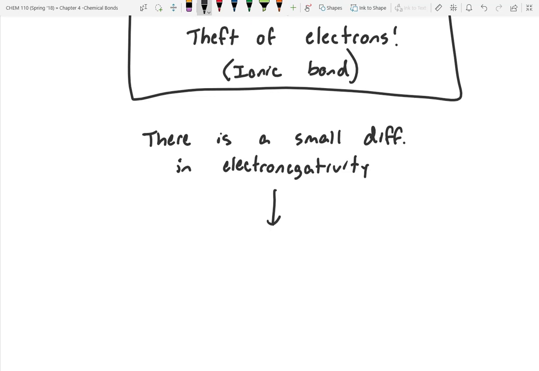And with these types of bonds, they just share electrons. Like somebody said before, this is called a covalent bond.